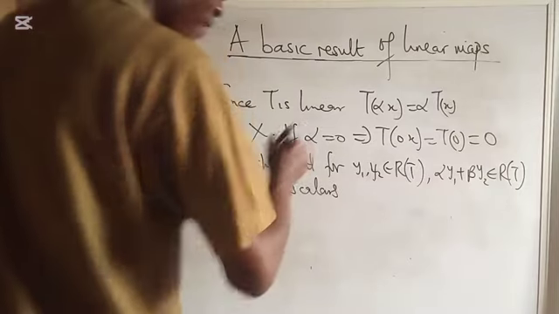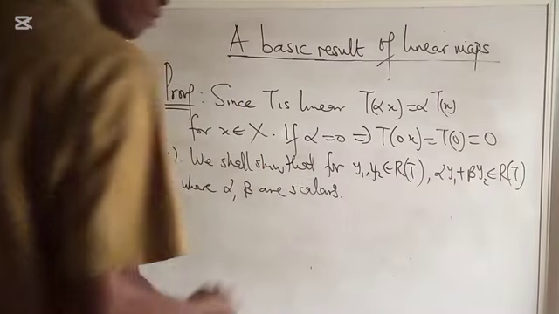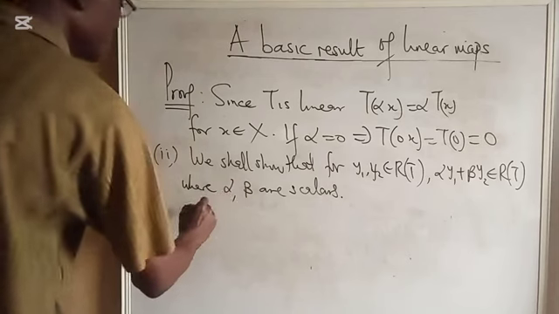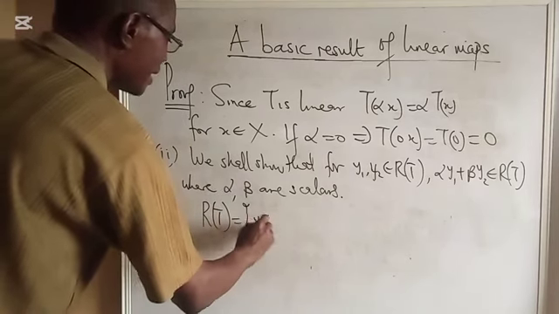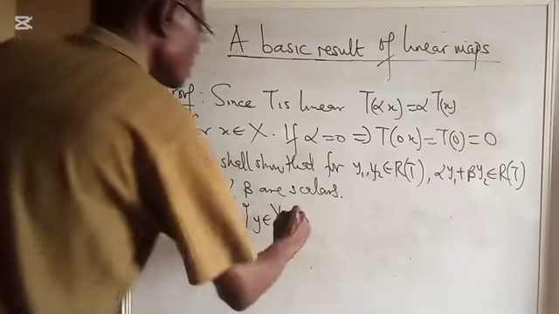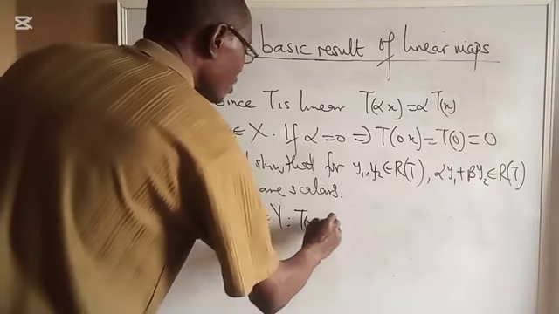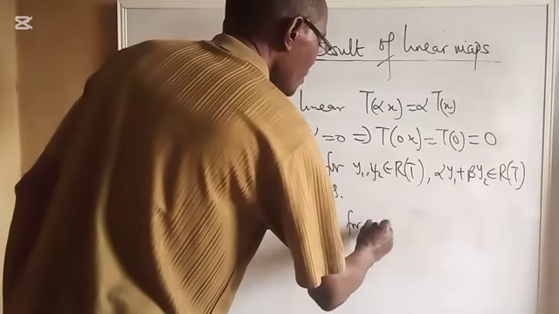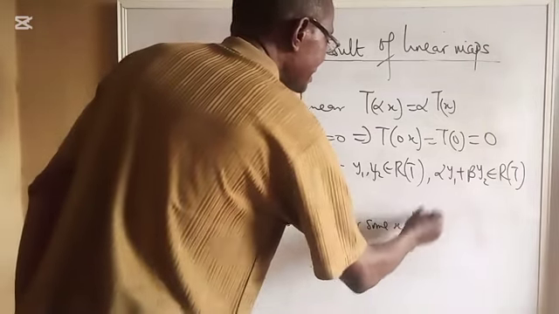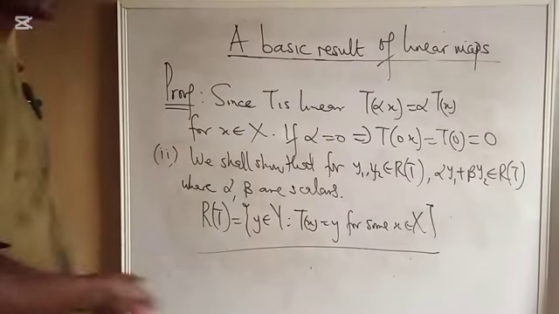Now let's define our R of T, that is the range of the function. The range of the function itself is defined as the set of y such that T of x is equal to y for some x in X.